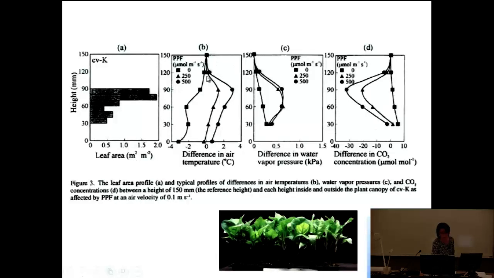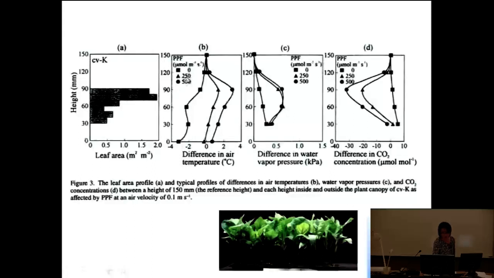This is under 0 micromoles, which means darkness. Under darkness, the temperature distribution looks like that. Going closer to the soil line, the substrate line, temperature goes lower. There's some dip in here. I'm not sure what is causing this.